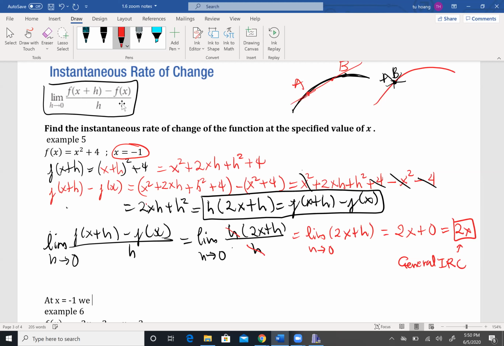We have the instantaneous rate of change, let me write it down so you know that is the instantaneous rate of change, IRC, equal to 2 times -1, which equals -2. And that should be the answer of this part. Okay.